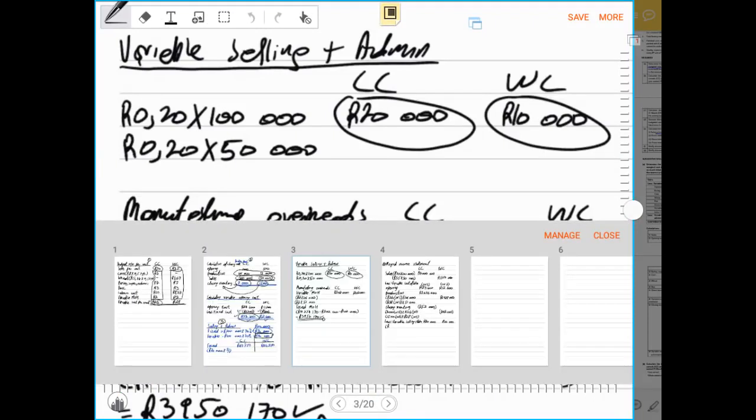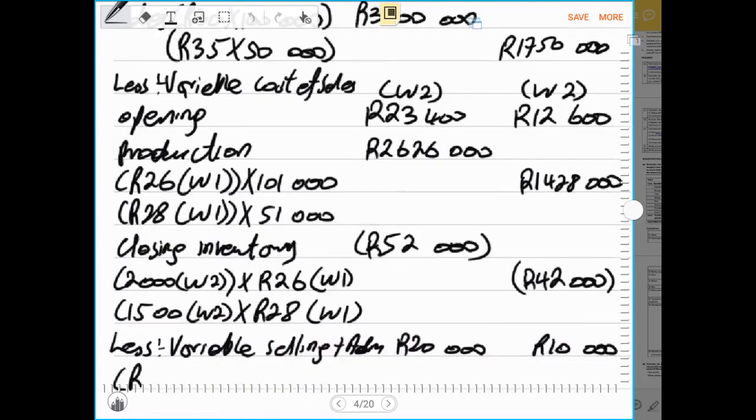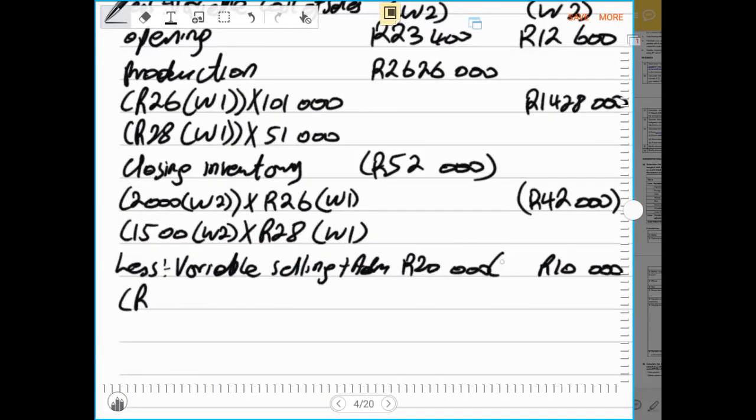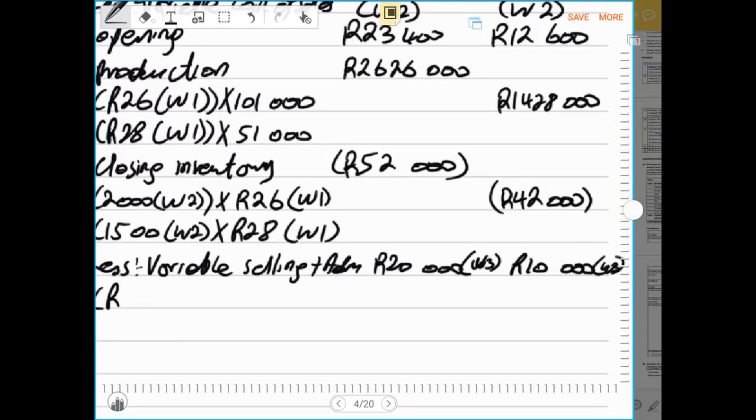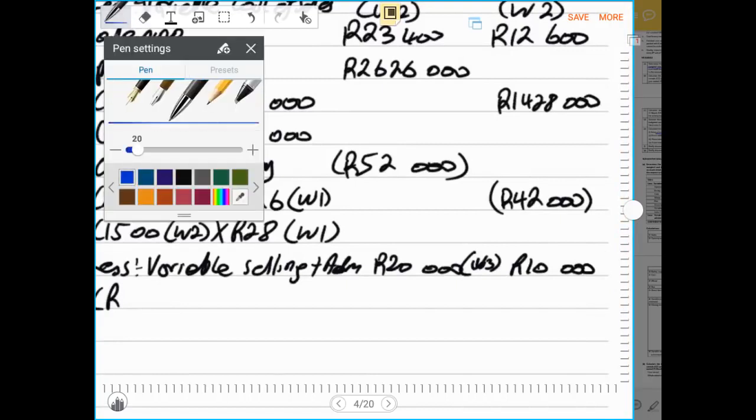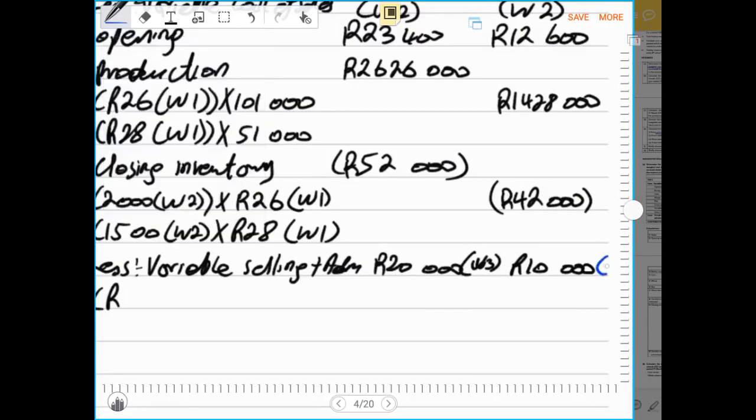So now I will direct the examiner that this figure is coming from working 3, or calculation number 3. It does not matter how you direct the examiner, as long as you are consistent. This will be working number 3.